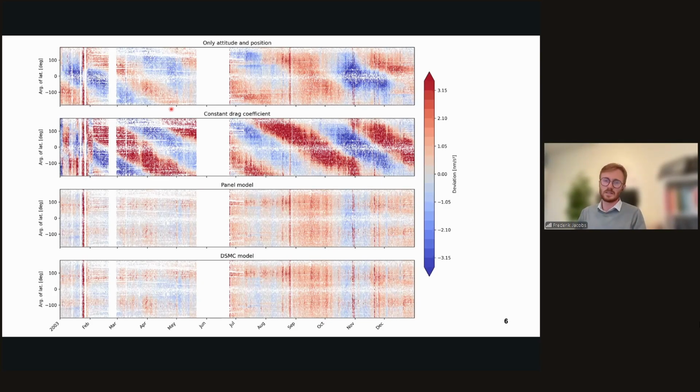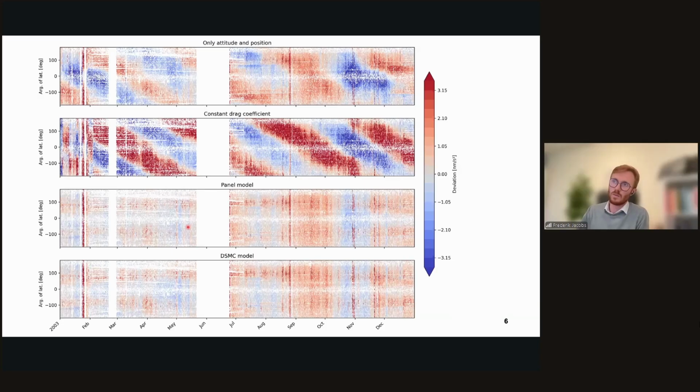The top one is a very simple one where we just do an attitude correction to the accelerometer data of the working satellite, and then move this to the malfunctioning satellite, with also a time or position correction. What we can see here is that we have these diagonal features which are linked to the attitude of the satellite. But most importantly, when you use a constant drag coefficient, it's actually performing worse than just doing an attitude correction. This is really a motivation to go to more advanced models.